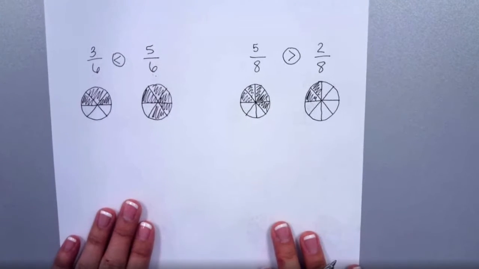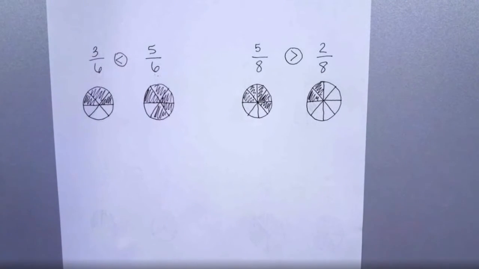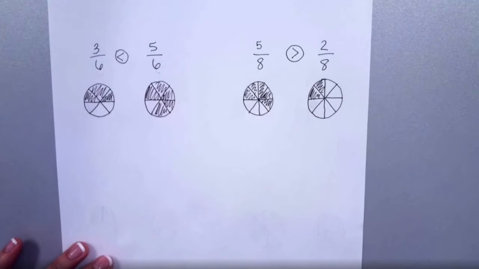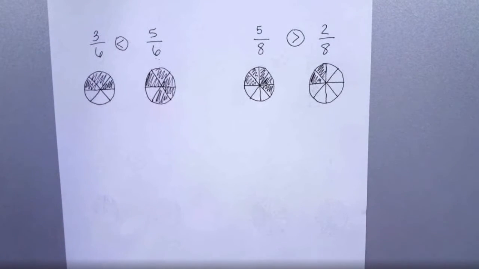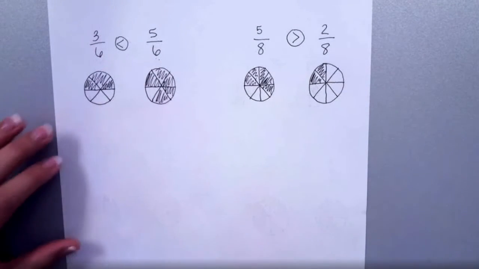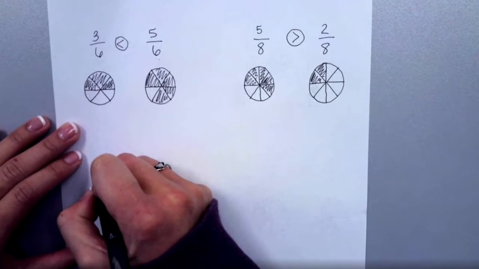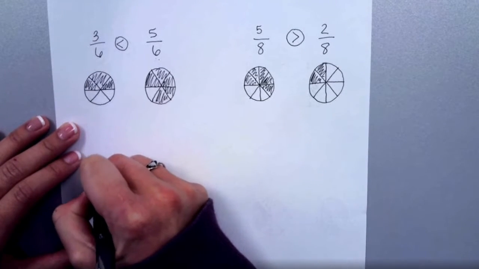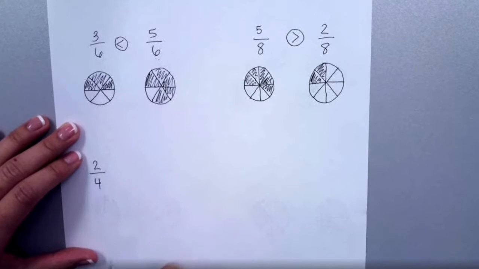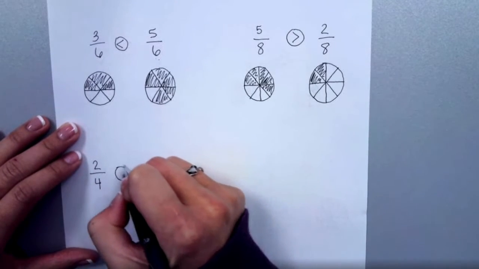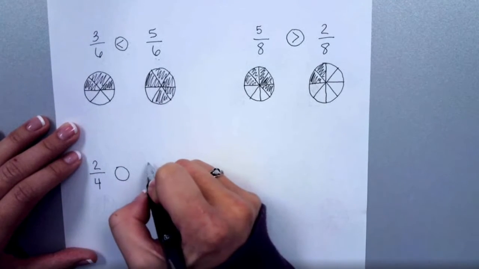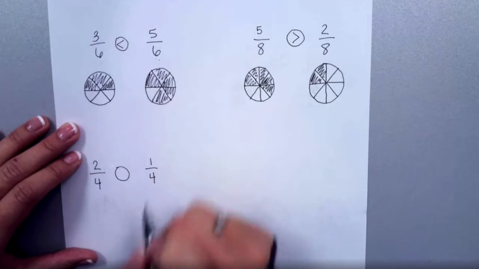With these 2 that I'm going to do here, I would like for you to pause this video and try these on your own in your notebook, and then come back and check. So over here, let's do 2/4 is greater than, less than, or equal to 1/4.